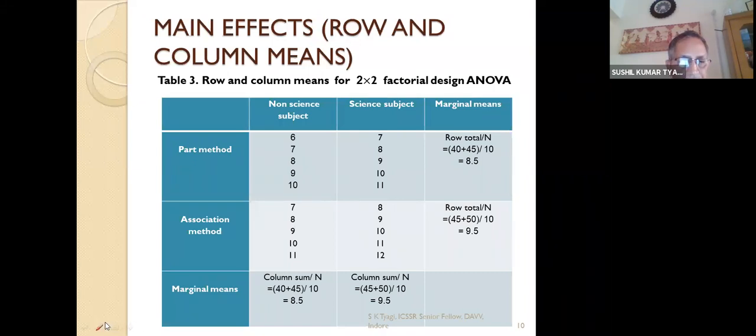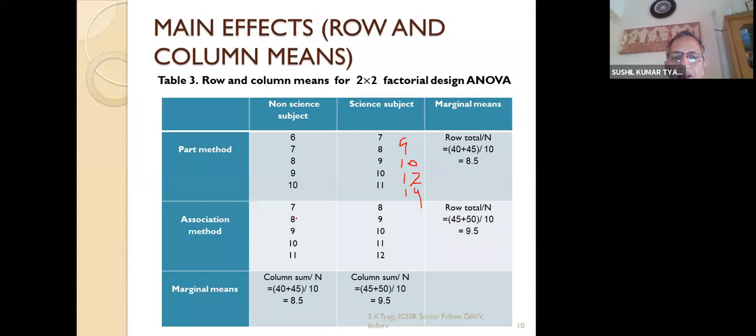For example, suppose I add here 9, 10, 12, 14.